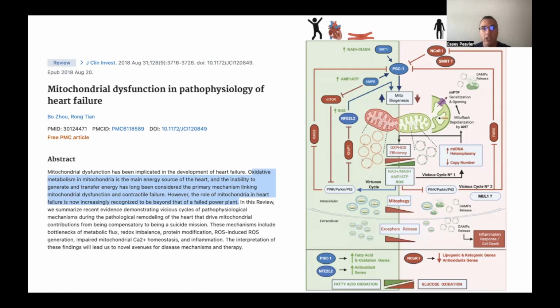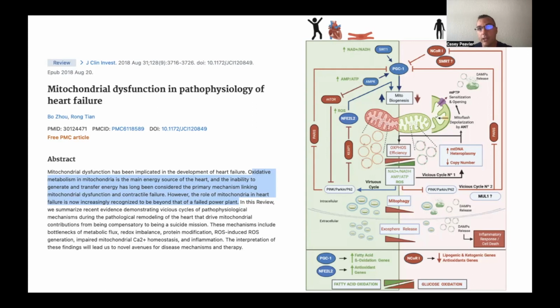And the inability to generate and transfer energy has long been considered the primary mechanism linking mitochondrial dysfunction and contractile failure, or heart failure. However, the role of mitochondria in heart failure is now increasingly recognized to be beyond that of a failed power plant. And that is where this next slide, to the right, starts to really unpack all the different mechanisms that are related to heart failure in particular.